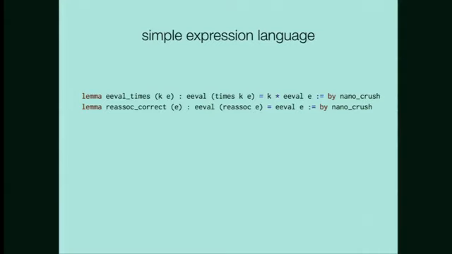You can do the induction completely automatically, everything is computed automatically. The message here is that for some domains, you can come up with a really simple strategy that is very effective, and you can encode it in a few lines of code.